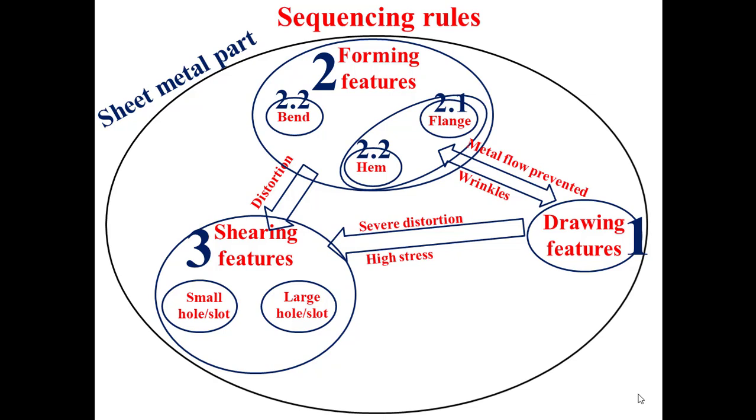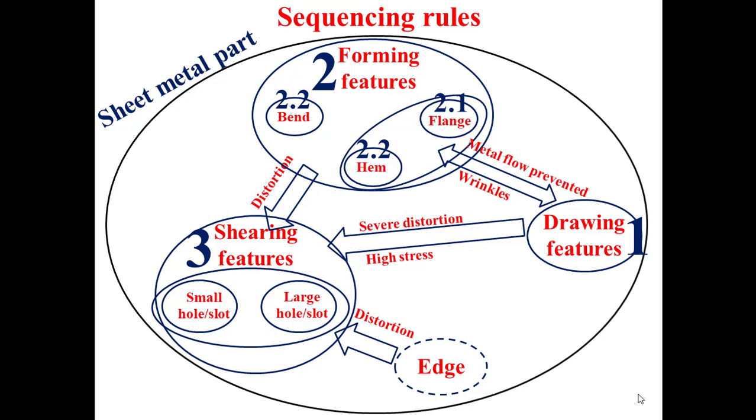Now, if we advance within the sharing features, we should note that the blanking, which is the operation permitting to obtain the edges of the sheet metal blank, might induce a distortion on the neighboring holes and slots.